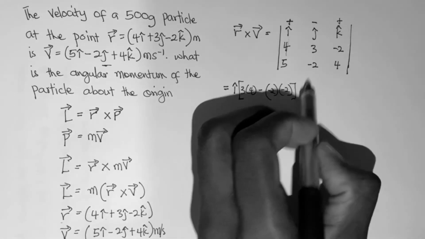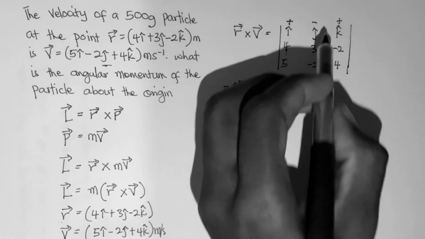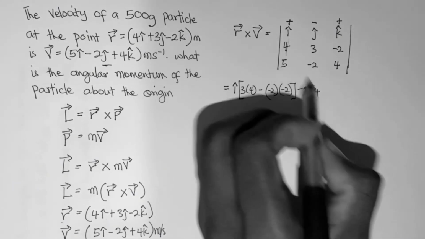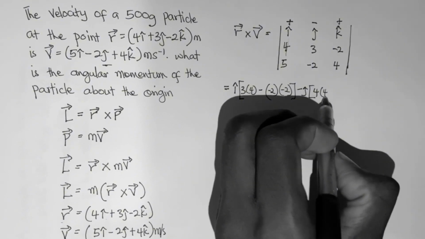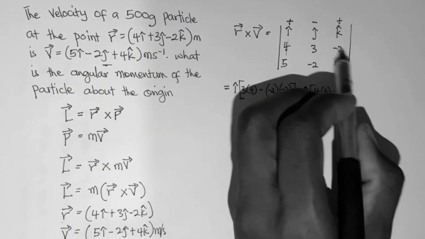Then we have minus j, and you cross out the row and column of j: 4 times 4, minus 5 times minus 2.